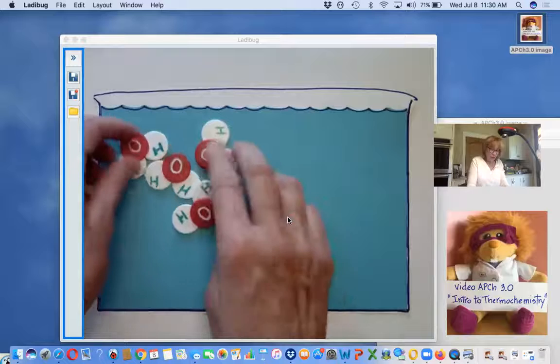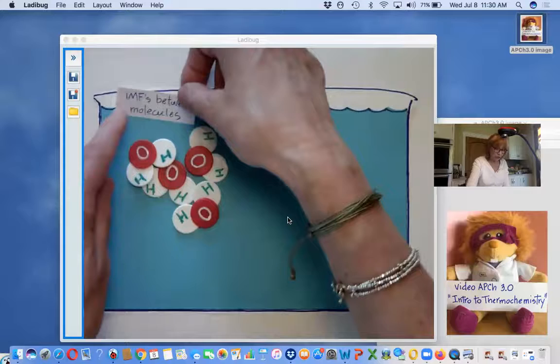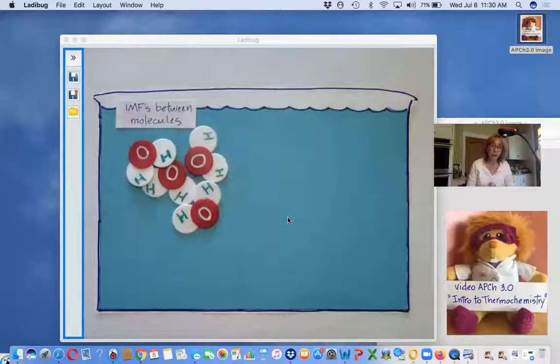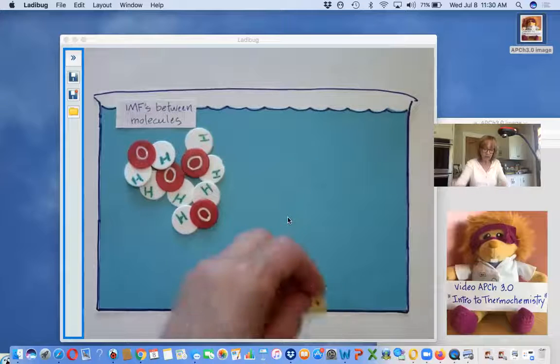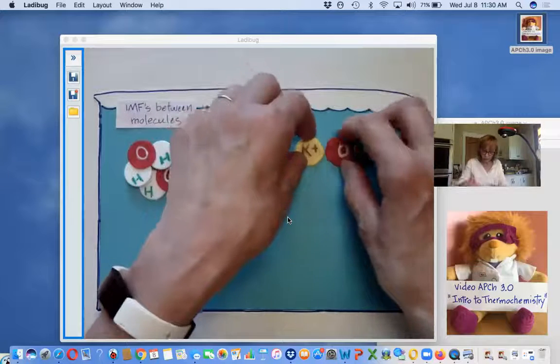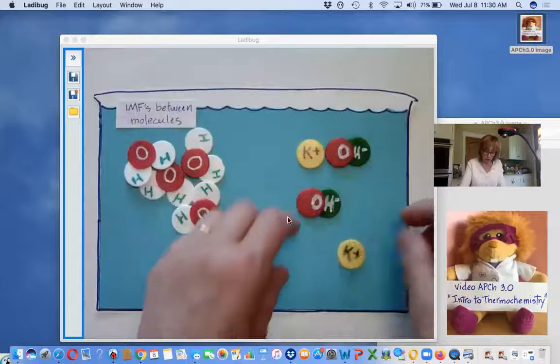And as we've said before in an earlier video, there are forces of attraction that hold those molecules together. They're called intermolecular forces, or IMFs. And we're going to put in some solid solute, potassium hydroxide. In this case, it's an ionic solid.